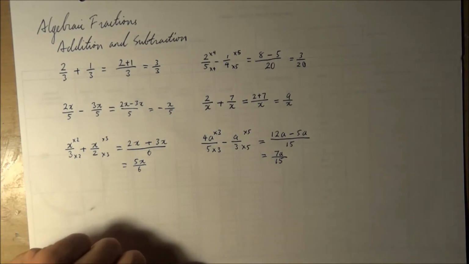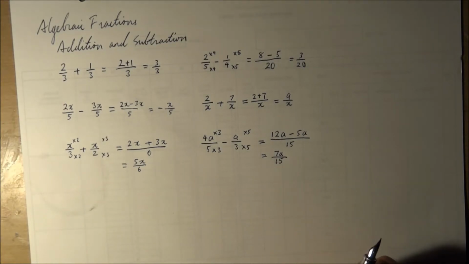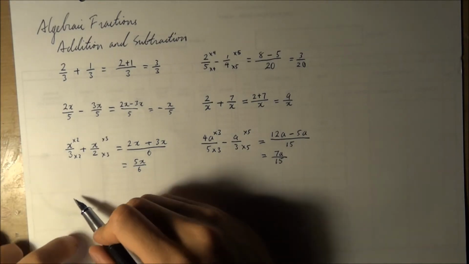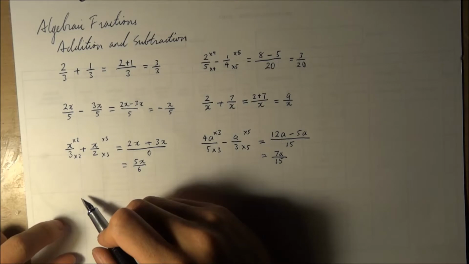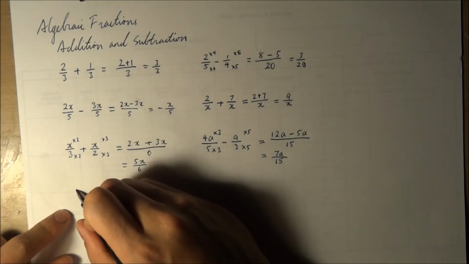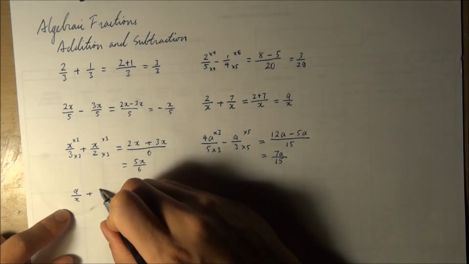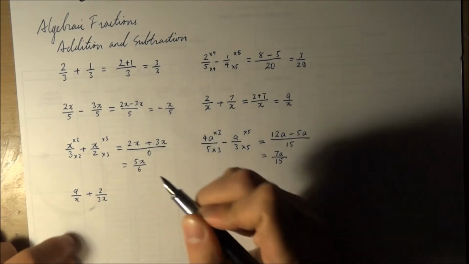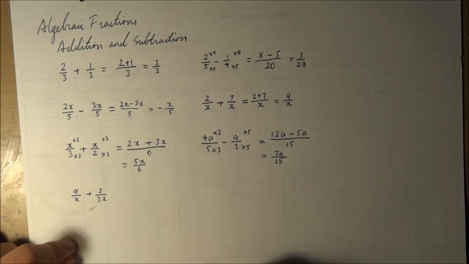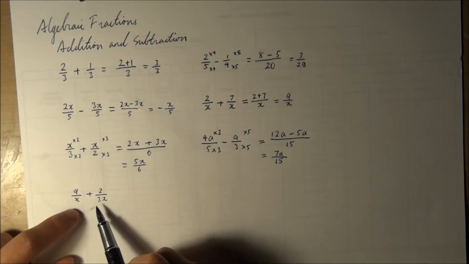Now, it's exactly the same process if there are pronumerals in the denominator. So let's say we have 9 over x plus 2 over 3x. In this case, we have to make the denominators the same.